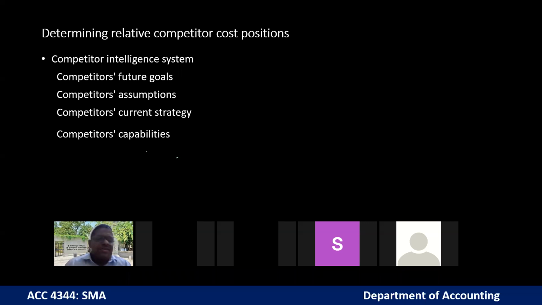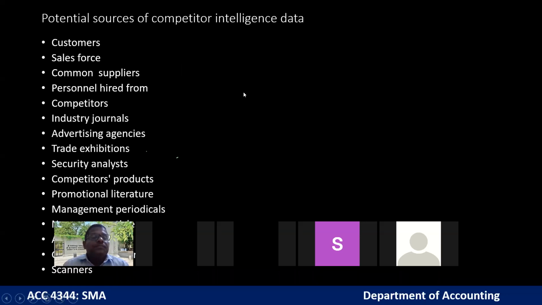It's a kind of strategy. Anyway, you need to understand the competitors, but this is not easy. You should have a mechanism, a system in your organization to get information about the competitor's position, right?